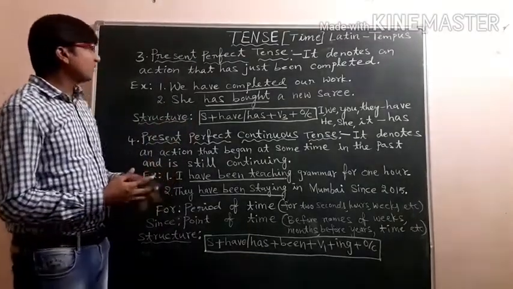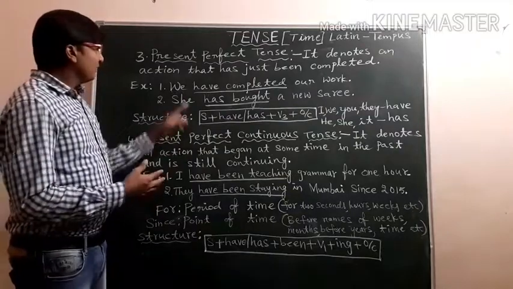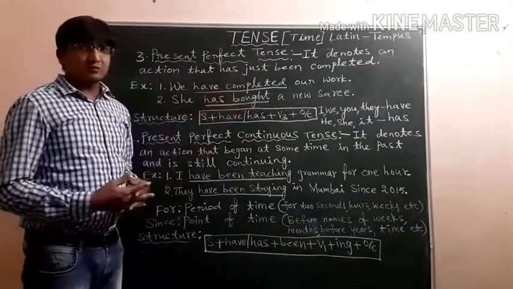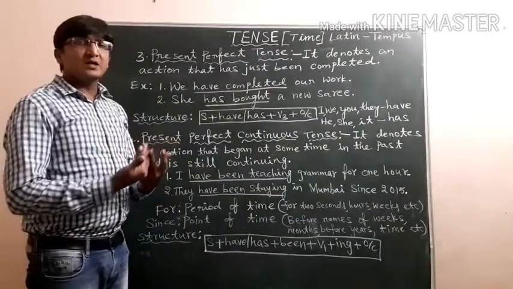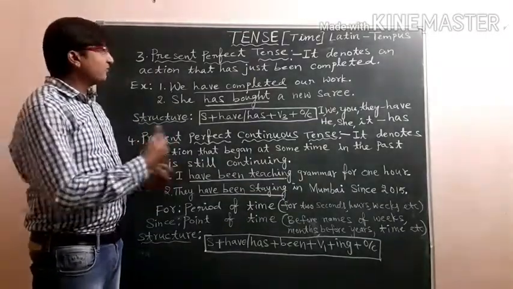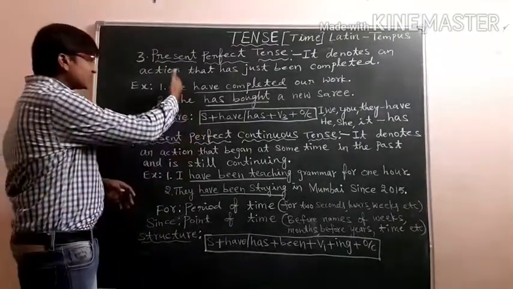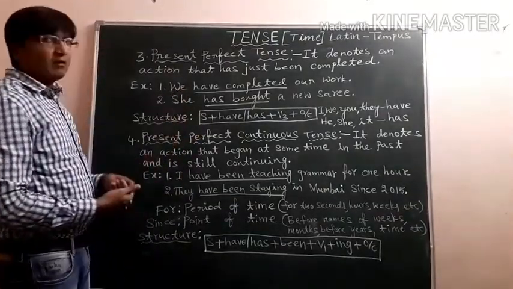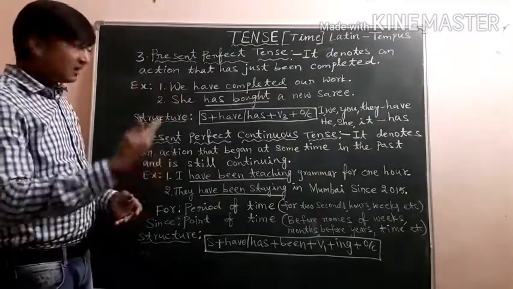For example, "We have completed our work," that is affirmative. "We have not completed our work." "Have we completed our work?" "Have we not completed our work?" Like this we can frame n number of sentences, and by changing the subject, we can take he, I, they, and make a number of sentences.